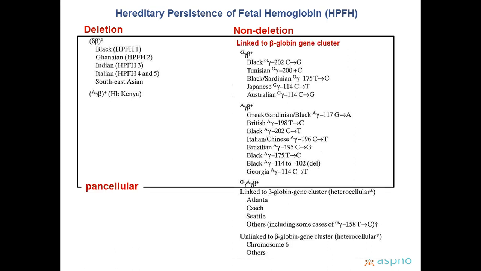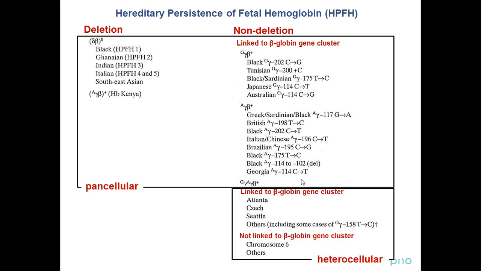And then you can classify them on whether that elevated fetal hemoglobin is present in all cells, pancellular, or just in some of the cells, heterocellular. And then the non-deletional forms can either be linked to the beta globin gene cluster or not, and maybe even on different chromosomes, like BCL11A and polymorphisms in the HBS1L-MYB locus and others.